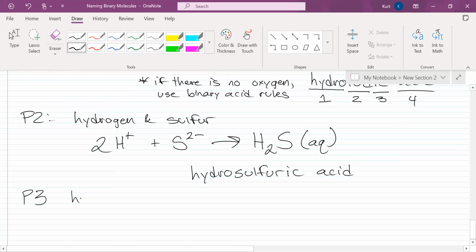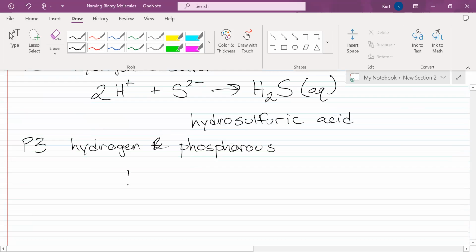We got 3 more in our bag of tricks. Hydrogen and phosphorus. What is the charge of hydrogen? Positive 1. What's the charge of a phosphorus ion? Negative 3. So how many hydrogens do you need? You need 3 of them. So the formula is going to be H3P.